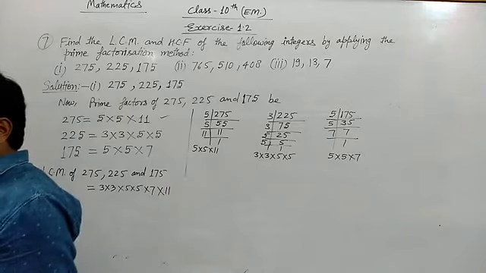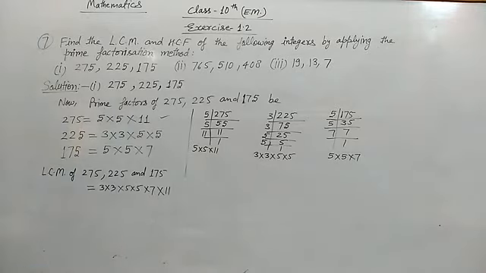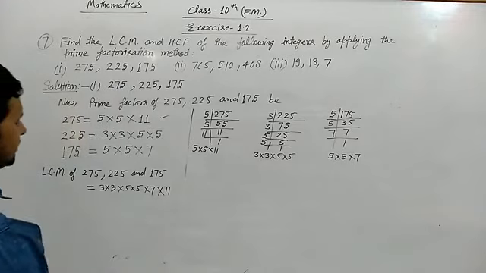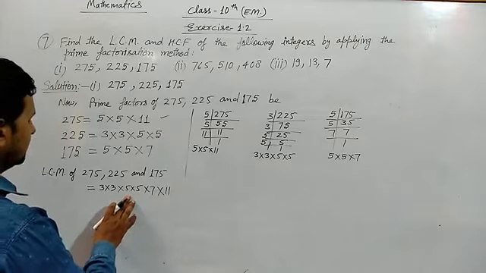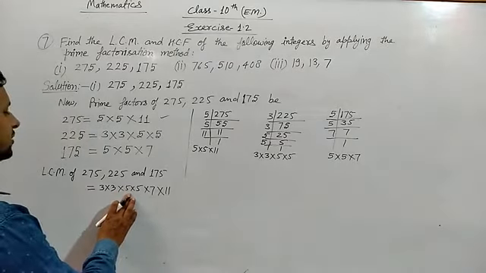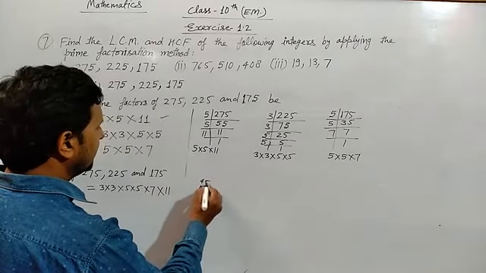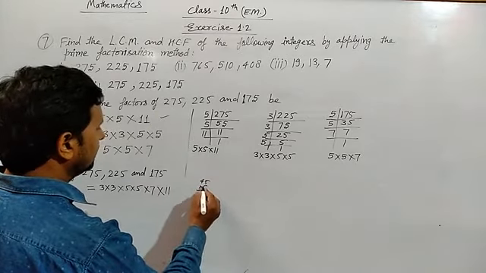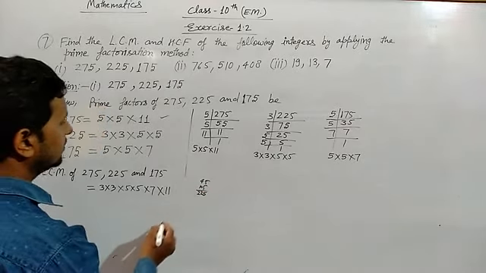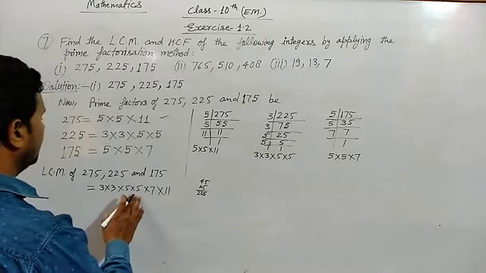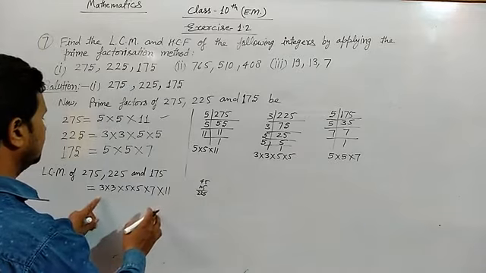Now we multiply: 3 times 3 is 9, 9 times 5 is 45, 45 times 5 is 225.